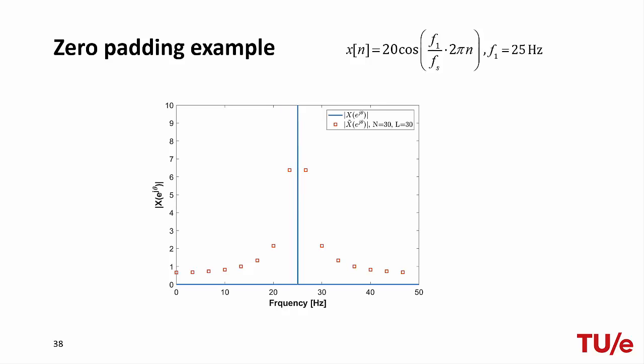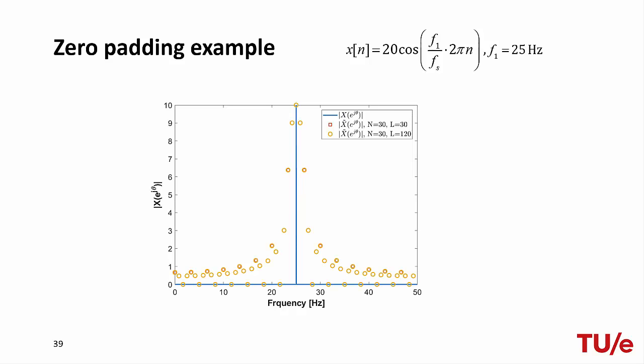You may notice that with this 30-point DFT, we actually miss the peak at 25 Hz. If we apply zero padding and we extend the signal to a virtual length of 120 samples, we obtain the function in yellow. Thanks to zero padding, we can now see the peak even if we have a limited set of samples. However, there are also some ripples and spurious peaks at different frequencies.